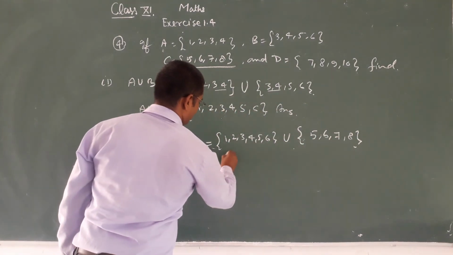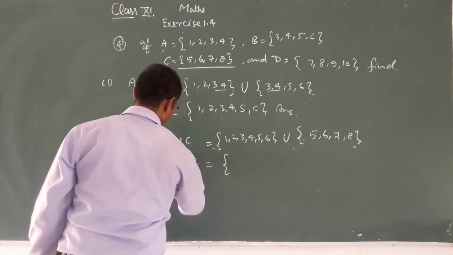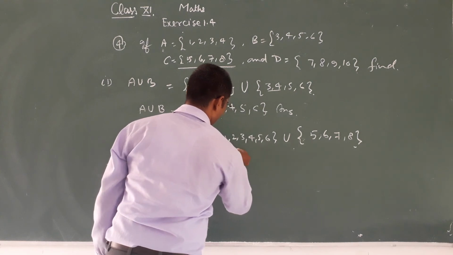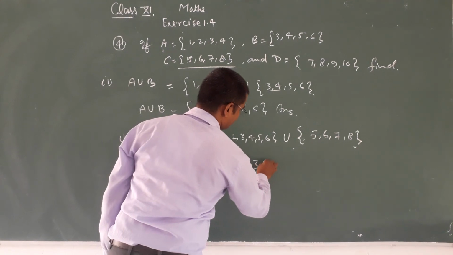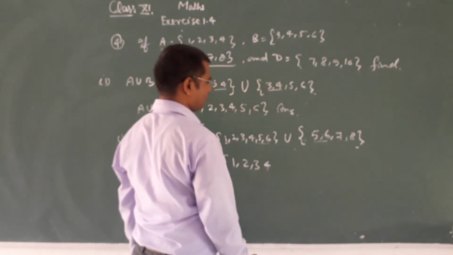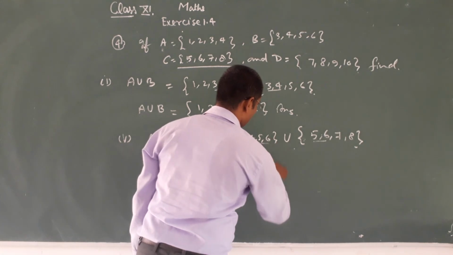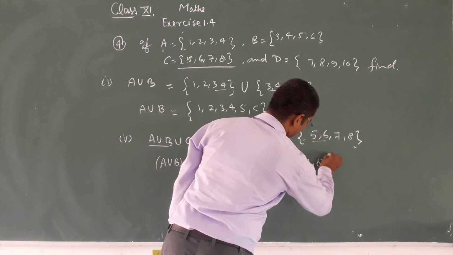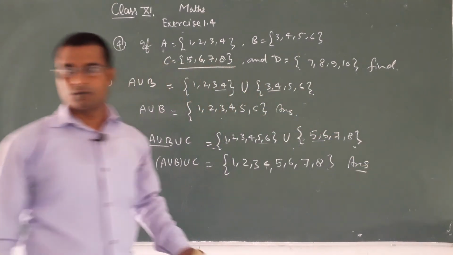So A union B union C is equal to the set 1, 2, 3, 4 and 5, 6, and 5, 6 are in both sets. So you can write 5, 6, 7, 8 only once. This is the answer. That's all.